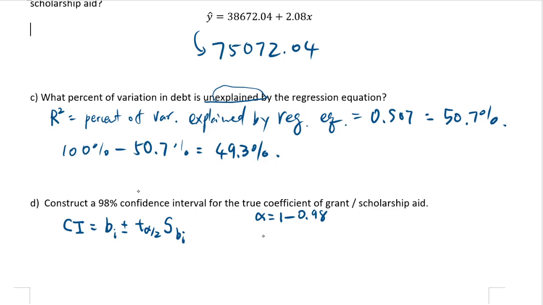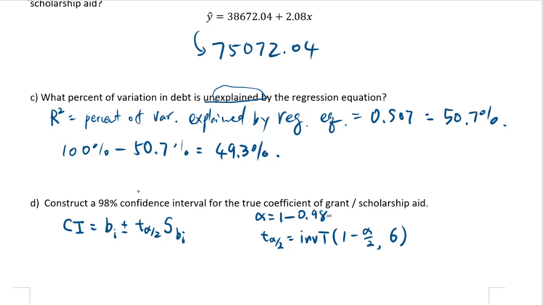Then to get the critical value, t alpha over 2, you need to use the calculator with inverse t of 1 minus alpha over 2, and you need to provide the degrees of freedom, which a moment ago was 6.